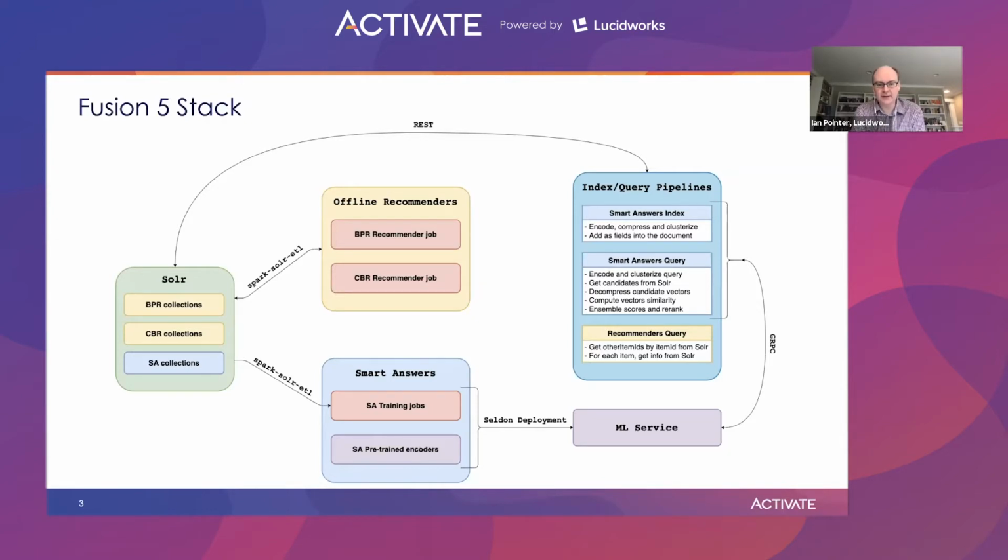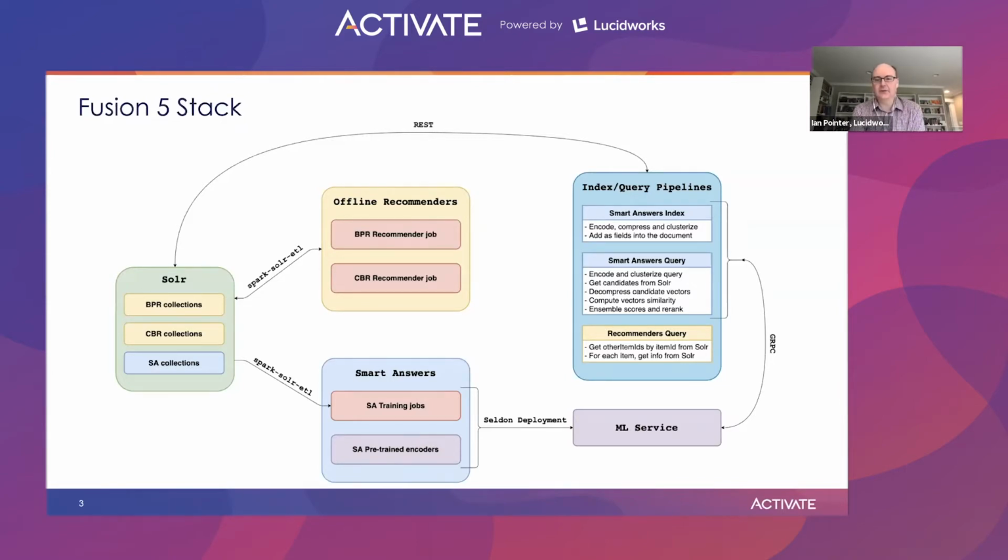In the case of the recommenders, they generate their recommendations and then write that information back into Solr in different collections. In the case of Smart Answers, they read the data in from Solr, train a deep learning model on that data, and then that trained model is deployed into the Fusion cluster via Seldon Core and registers with the ML service.